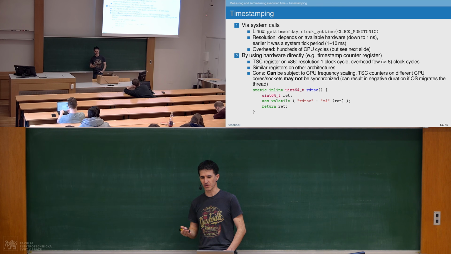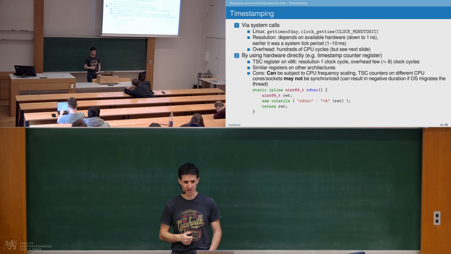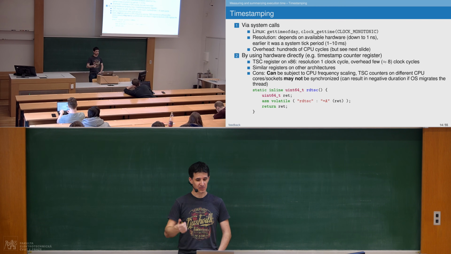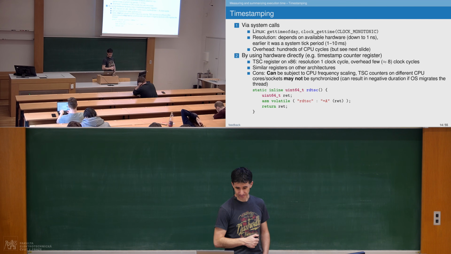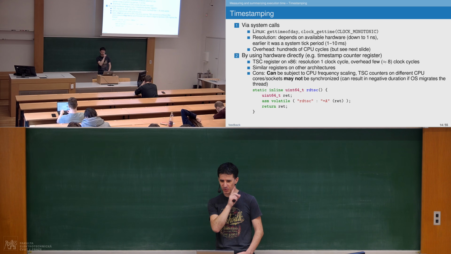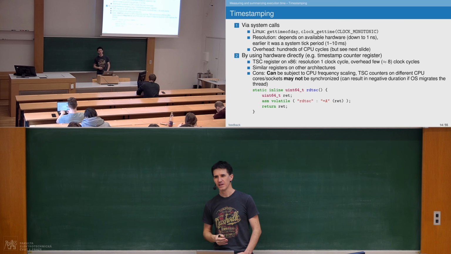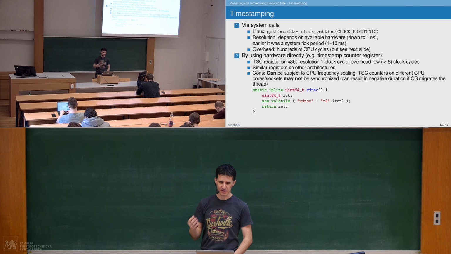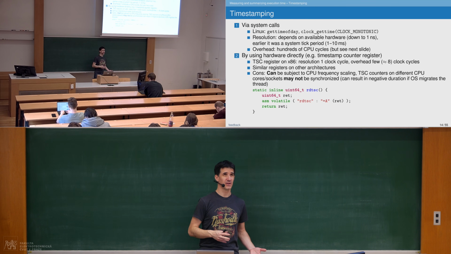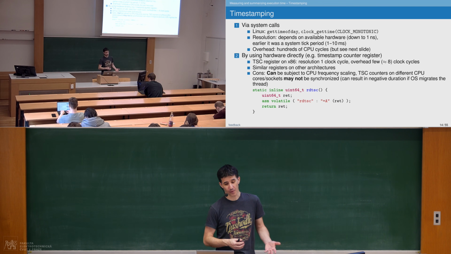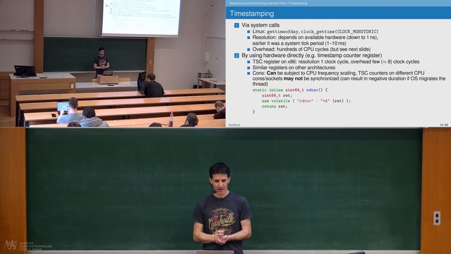So it looks like your function executed in negative time, which is of course impossible, but that's the effect. So if you use this hardware directly, which is typically what computer games do, you should be aware of all those things and somehow deal with that.